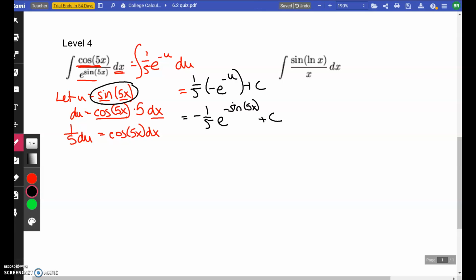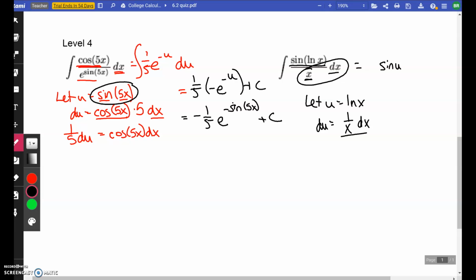And the last one, the integral of sine of ln x over x. So if we let u equal ln x, du, if you remember, the derivative of ln x is 1 over x, which already was there. So converting over, sine of ln x becomes sine of u, and the x in the denominator with dx is just du.